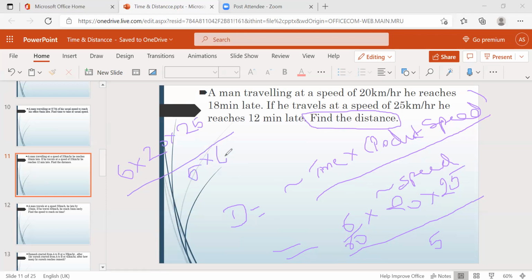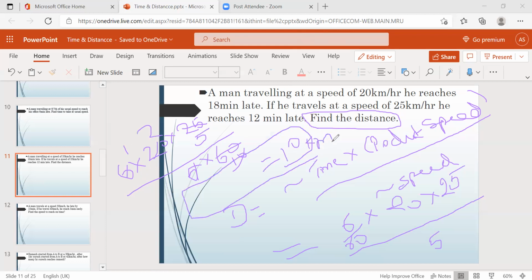So 5 ones are 5, 5 fives, 6 ones, 6 tens, so directly 2 into 5, 10 kilometers. If you are using this formula, you can find it easily.